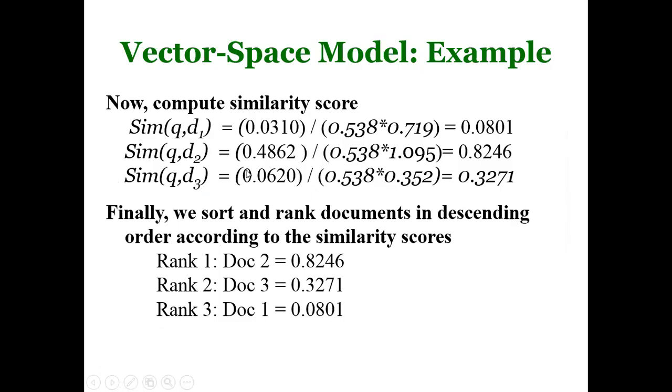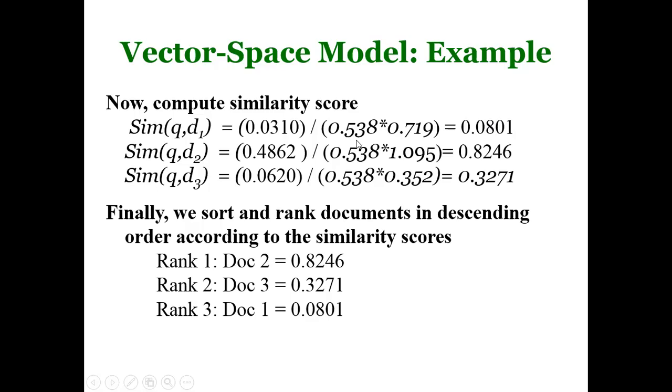Then, to measure similarity, divide the dot product of Q and D1 over the length of Q multiplied with D1 as a normalizer. It will give you 0.0801.